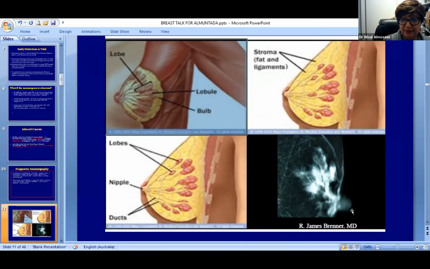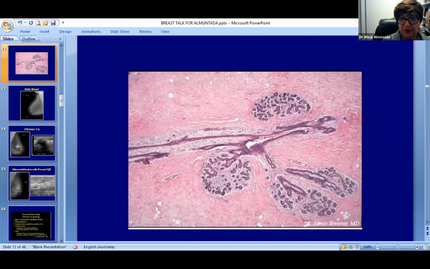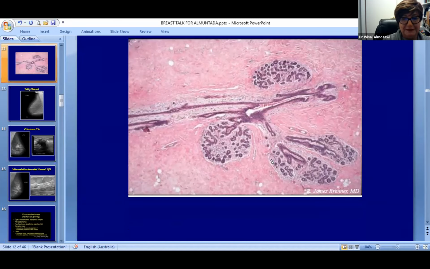And you can see the mammogram looks very similar to the anatomy. And that's a pathology form, so that's the duct, and you can see all the intraductal stuff get calcified, and that's where we get the DCIS, the intraductal calcification. And these are the lobules, and has a mucosal outlining where the lobular carcinoma develops.